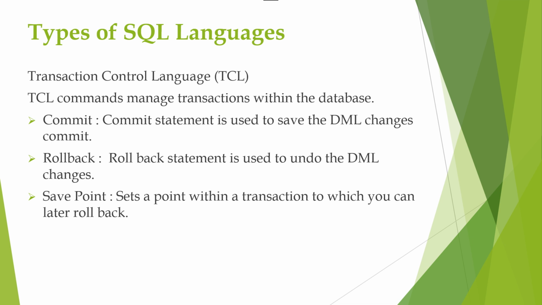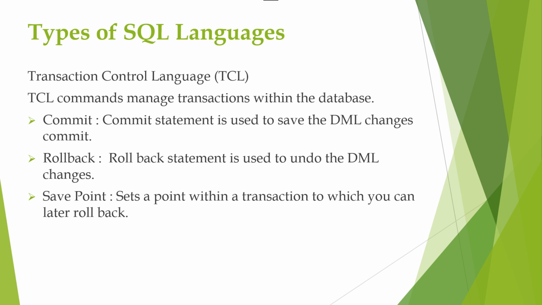For this purpose, we will make use of the commit statement. It will save the changes that we have done. Next is rollback. This rollback is used to undo the changes that have been done. If we want to undo the changes that we have done, then we can make use of the rollback command.